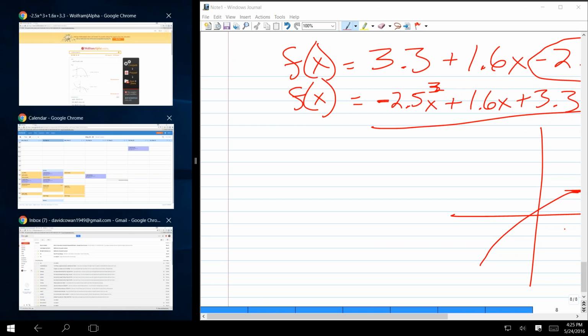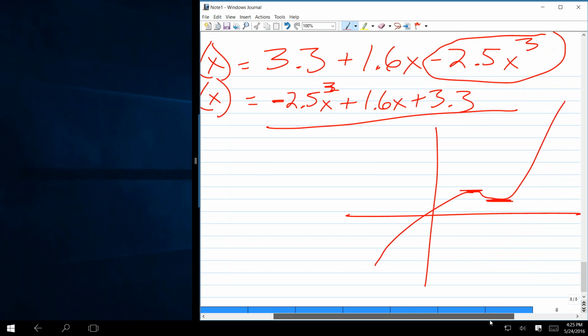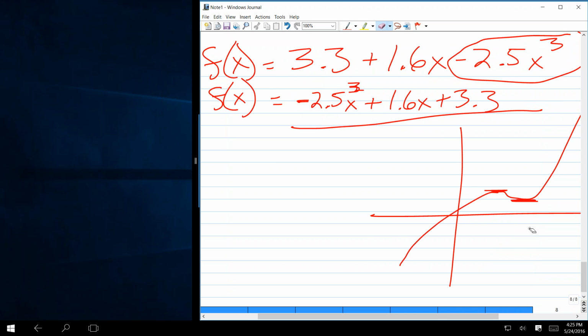If I take the first derivative of my function and set it equal to 0, I'm going to find out where my horizontal tangent line is. You see the two lines I've drawn here? They're both horizontal, right? That's a key thing.